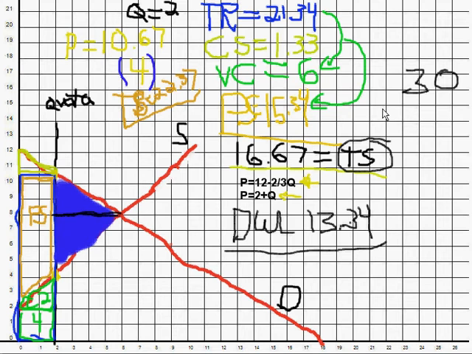Subtract off the total surplus that we're getting now, which is less, the 16.67, and you get an estimate of how much surplus did we lose. Well, we get 13.34.